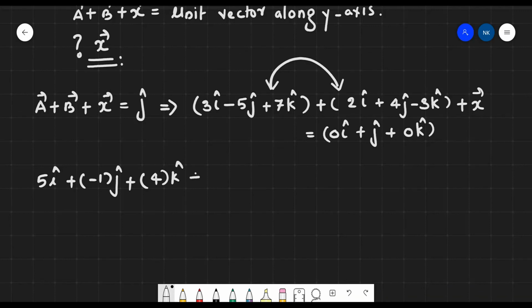Okay, plus x vector equals 0 i cap plus j cap plus 0 k cap.